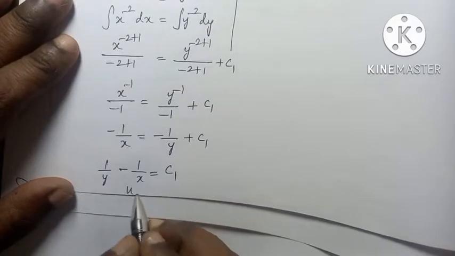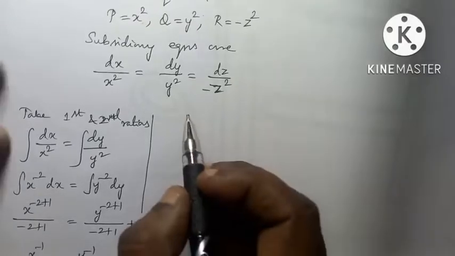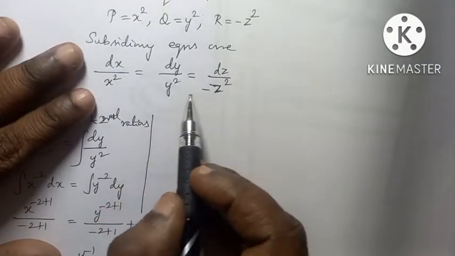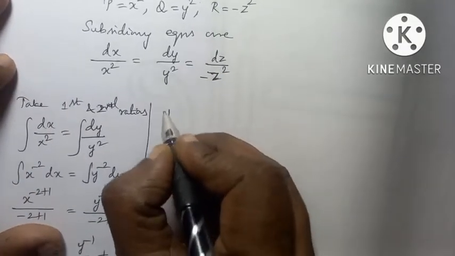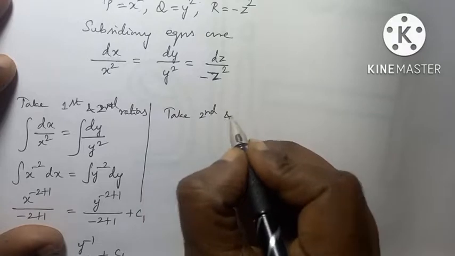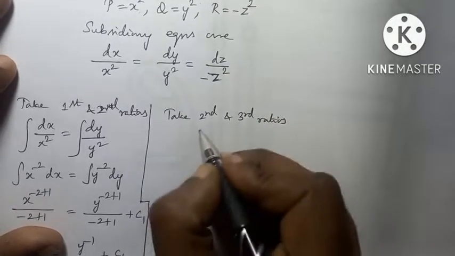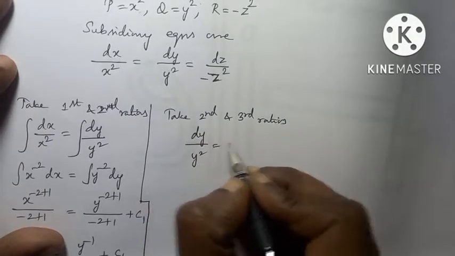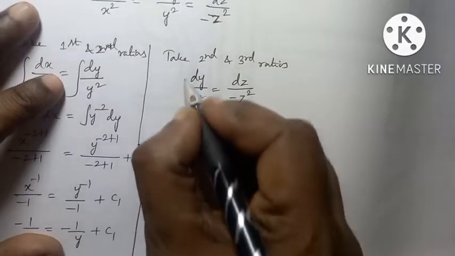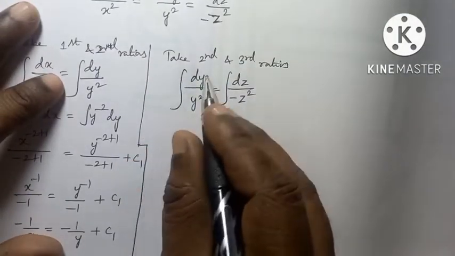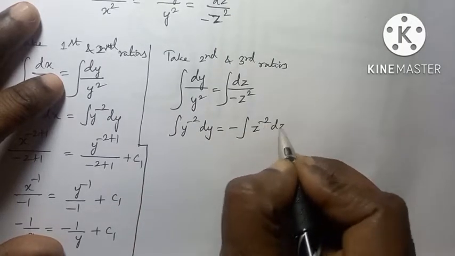So this is of the form u equal to c1. Similarly, we have to get the second solution. Let us take the first and third ratio or the second and third ratio; your choice. Take the second and third ratios. dy by y square equal to dz by minus z square. Integrating, y power minus 2 dy, z power minus 2 dz.